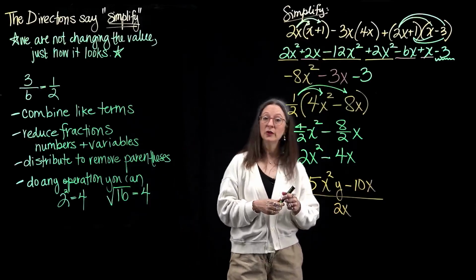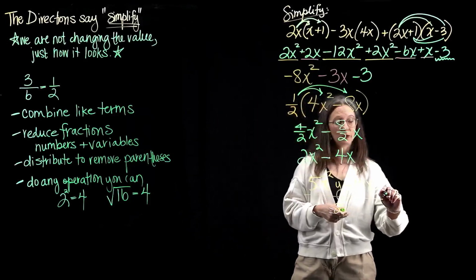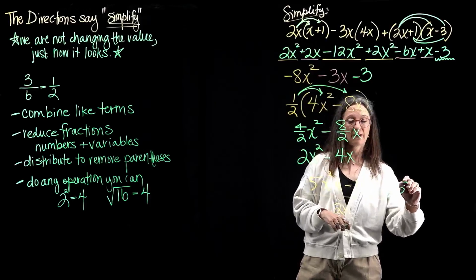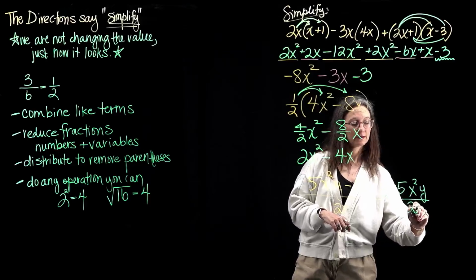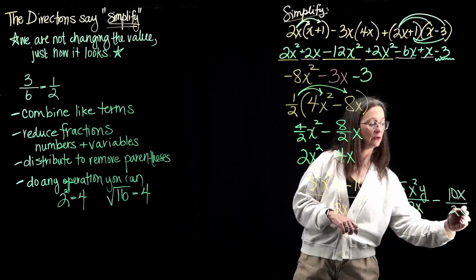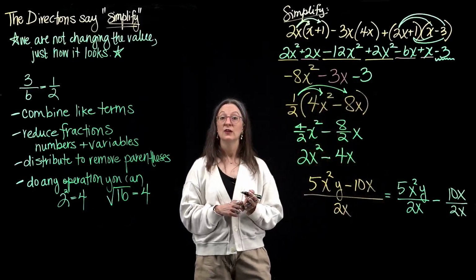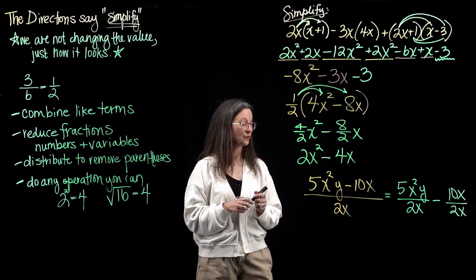So remember, distributive property not only works for multiplication, it works for division. So we would rewrite this as 5x squared y over 2x minus 10x over 2x. So we did the first step, but there's still more to go.